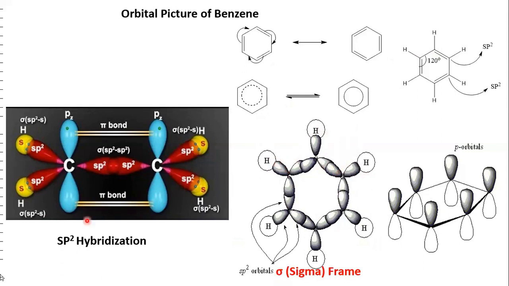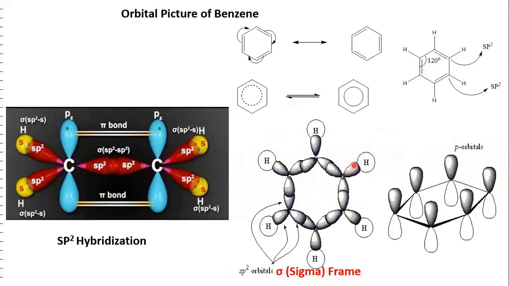And every carbon atom overlaps with the s orbital of hydrogen, which can be shown by sp2-s overlap. So this is the sigma frame of the benzene structure that we can see. This is the front view and this is the side view of the p orbitals.